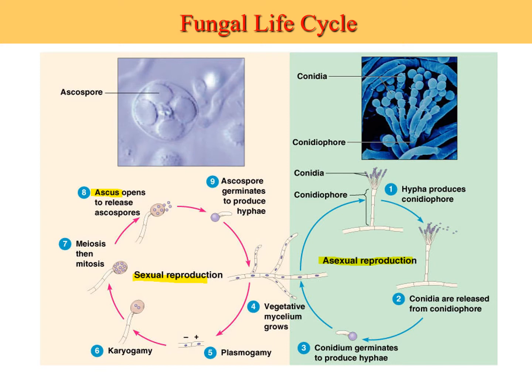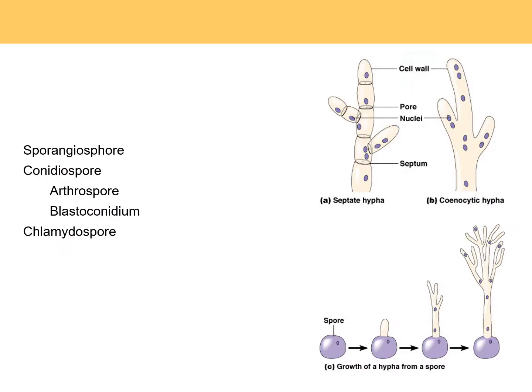The main point being that they typically have a sexual part to their cycle where they have sexual reproduction, and they also have an asexual reproductive part of the cycle. There are sexual spores and asexual spores, and as I said, the different groups are typically identified by the structure that holds the spores.